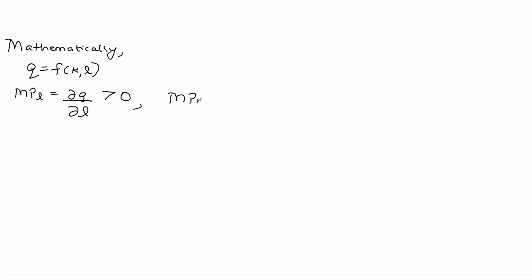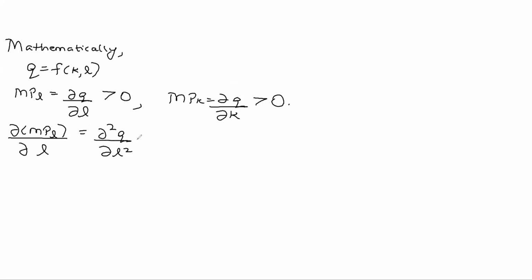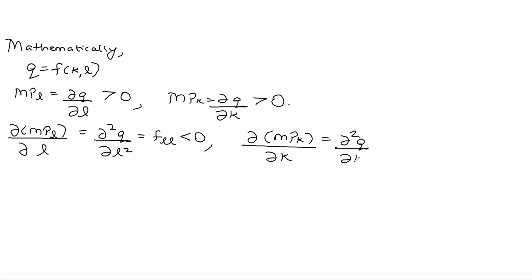Marginal productivity of capital will be del Q by del K. This will also be positive. But if I differentiate the marginal productivity of labor further with respect to labor, this will be del square Q by del L square, which is FLL, which is negative. If I differentiate the marginal productivity of capital with respect to capital, it is del square Q by del K square, which is FKK, which is again negative.